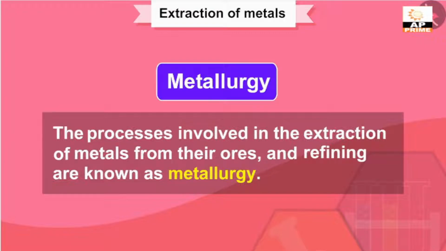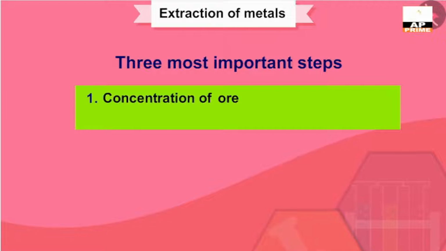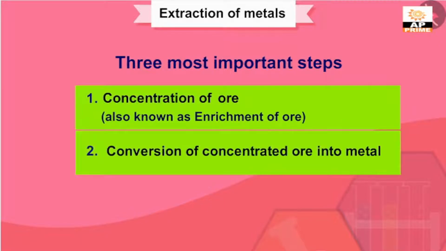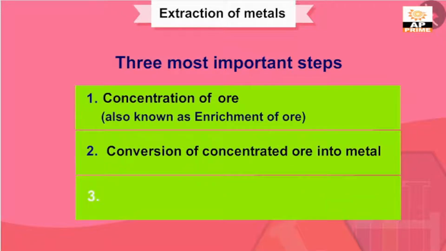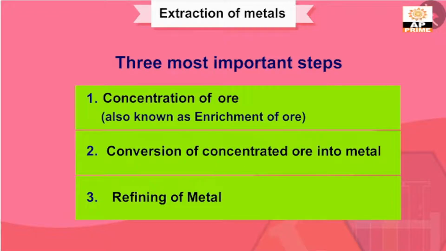It involves three most important steps, which are as follows. 1. Concentration of ore, also known as enrichment of ore. 2. Conversion of concentrated ore into metal. 3. Refining, that is, purification of metal. We will now discuss each of these steps one by one.